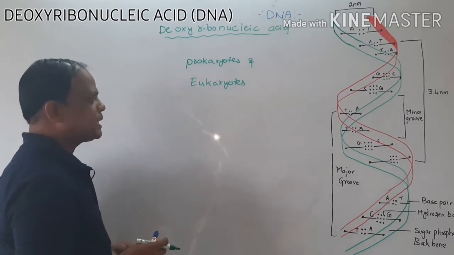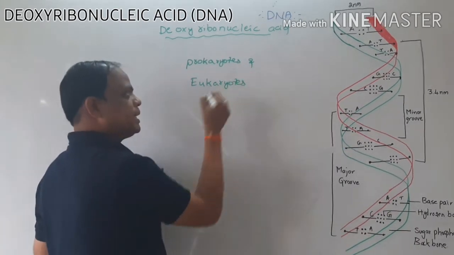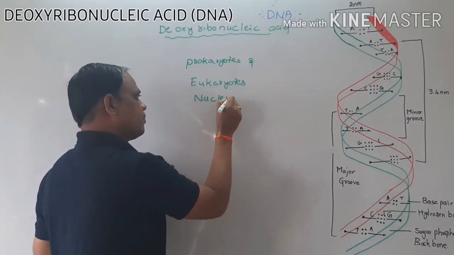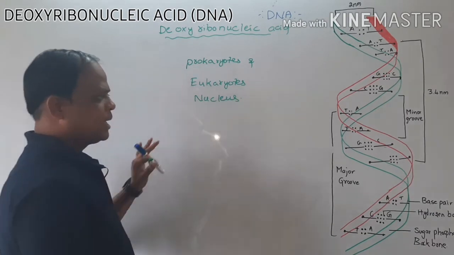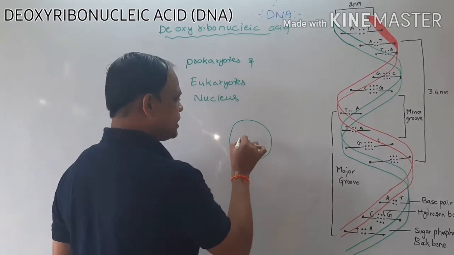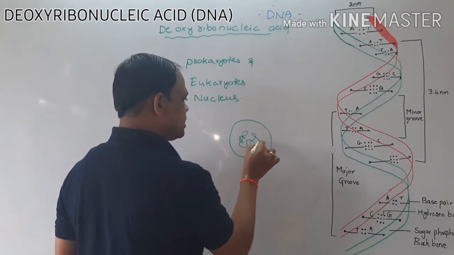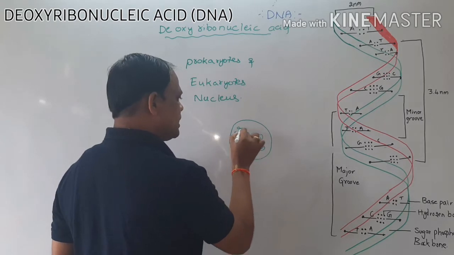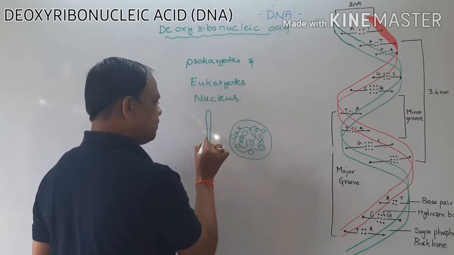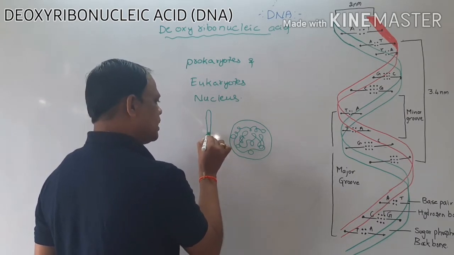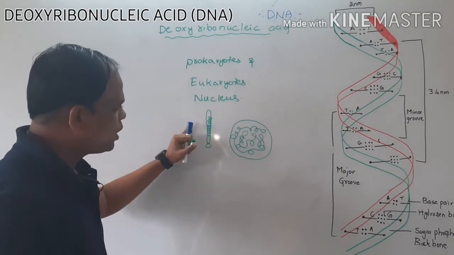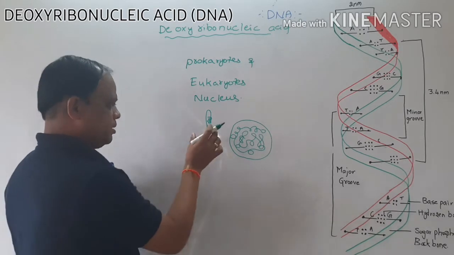In the organism, DNA is mainly present in the nucleus. Inside the nucleus are the chromatin fibers, and the condensed chromatin fibers are also called chromosomes. At the locus, the DNA can be present, in eukaryotic or prokaryotic cells.